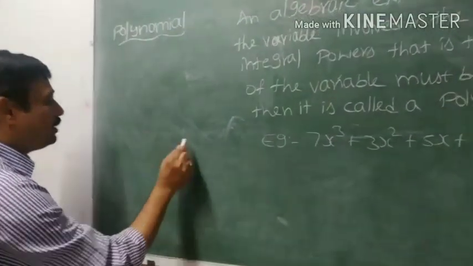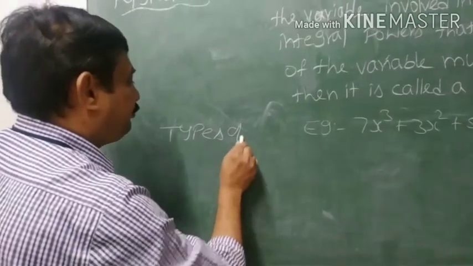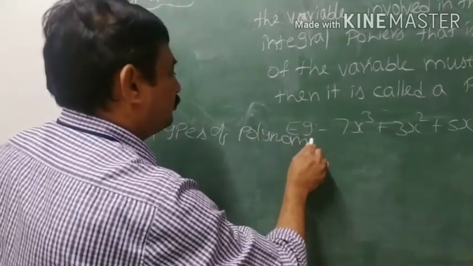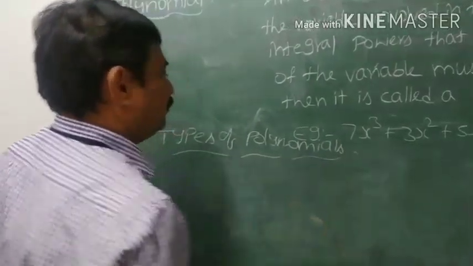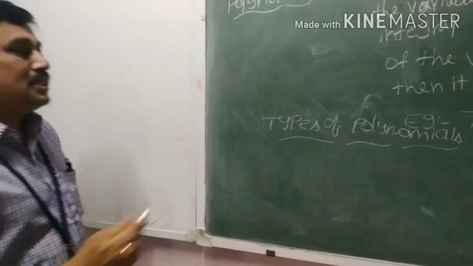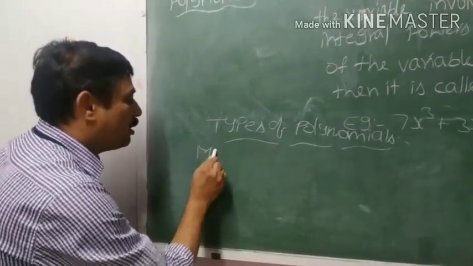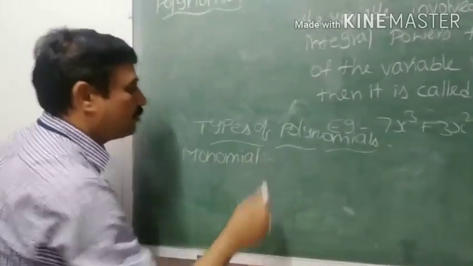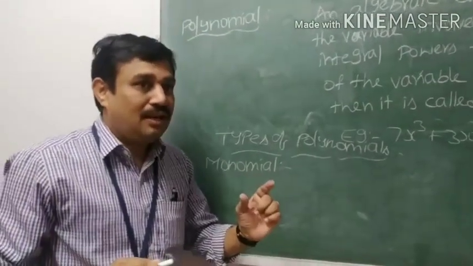Now, types of polynomials. Under these, the first one is monomial. Mono means single.